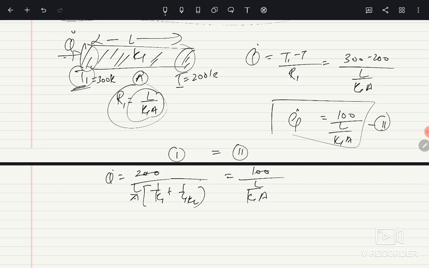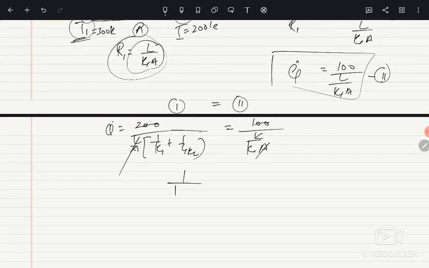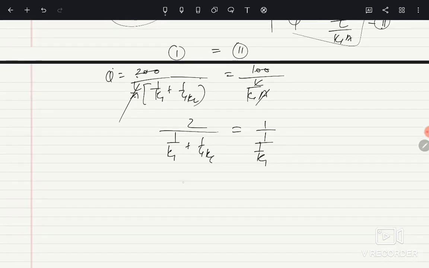So 100 in 200, this 0 0 will cancel, and L by A will get cancelled. We will be left with 1 by K1 plus 1 by 4 K2. Here 2 is also present. Here we have 1 by K1, so we can write it as 2 into 1 by K1.